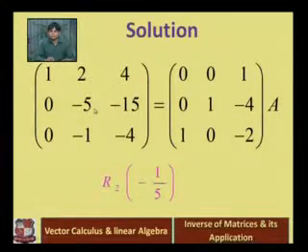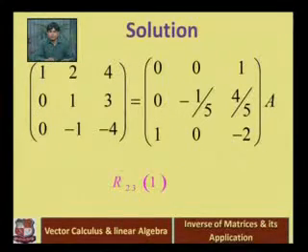Now to convert the -5 entry into 1, we divide the second row by -5. After dividing the second row by -5, the resultant matrix is [1 2 4; 0 1 3; 0 -1 -4].